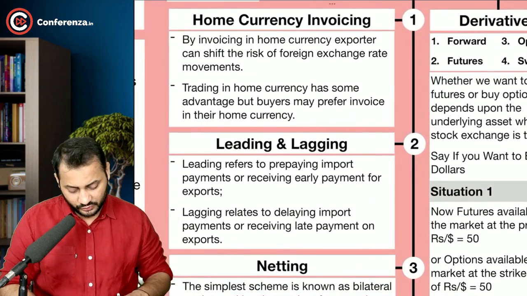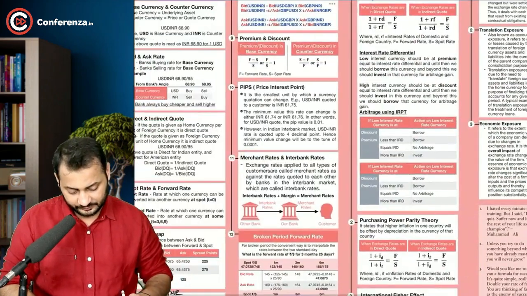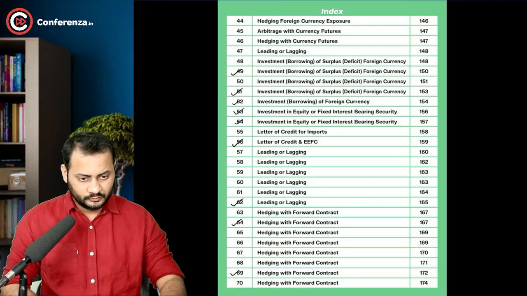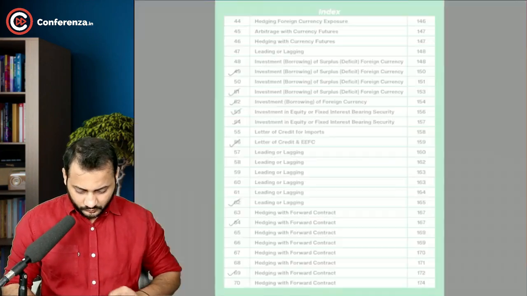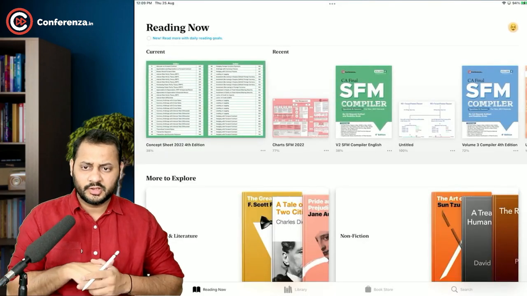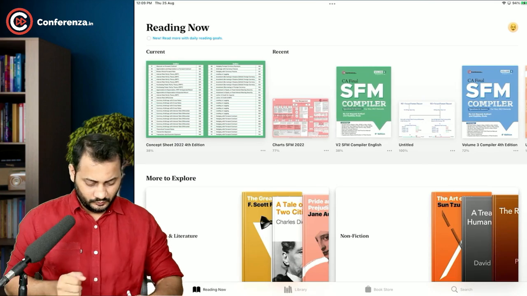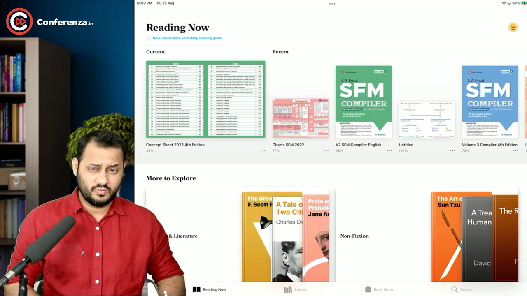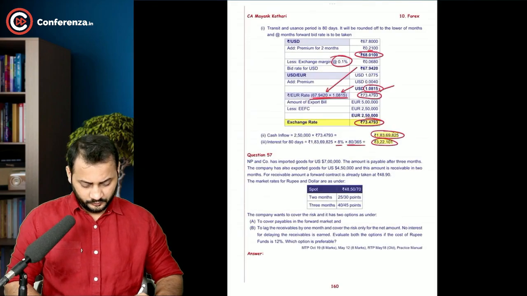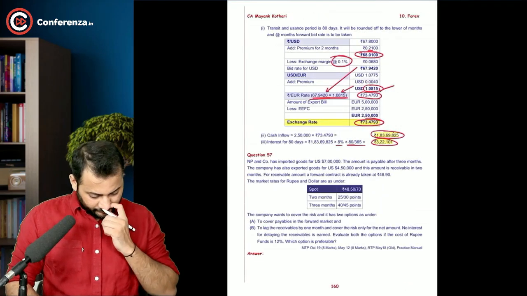Let's try solving the questions of leading and lagging. Let's come to the compiler. So we are done with question number 57, right?